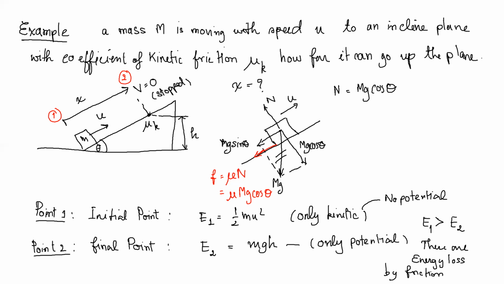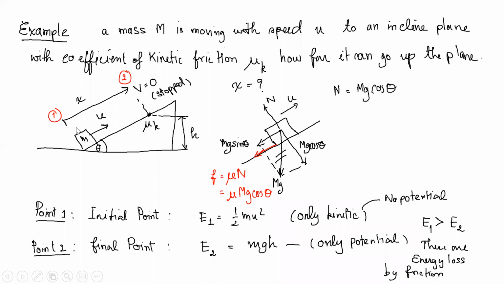Suppose you don't have friction, these two will be equal, so 1/2 m u squared equals mgh, and you can find h directly.